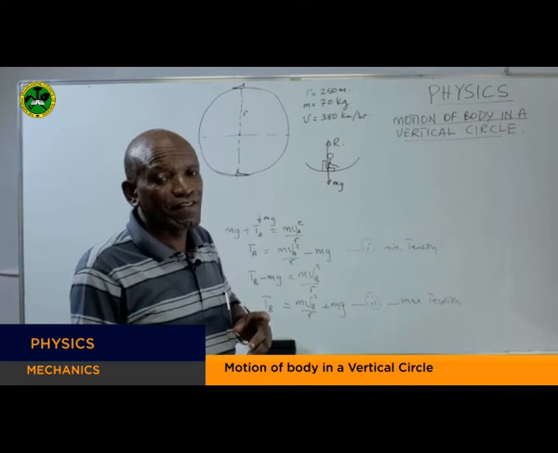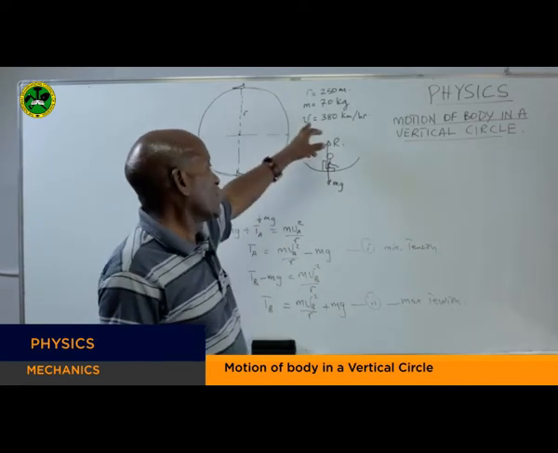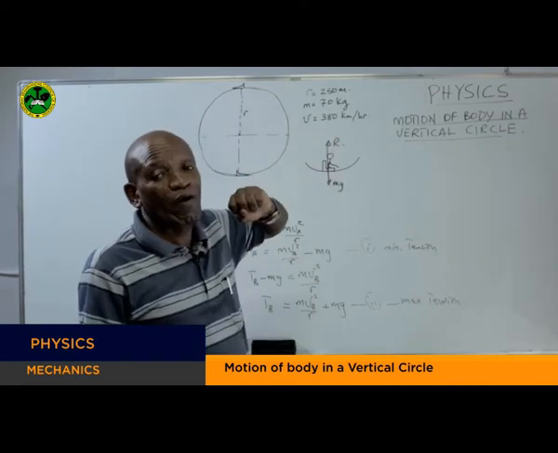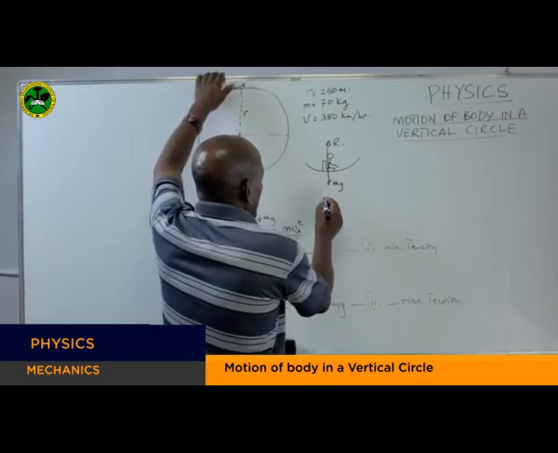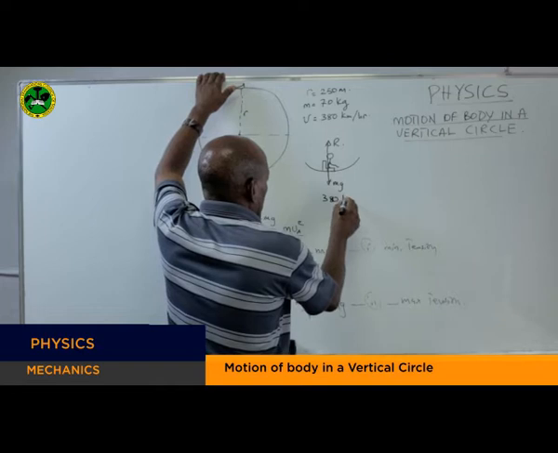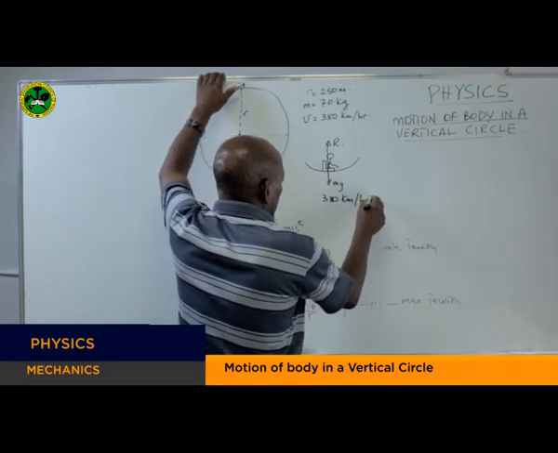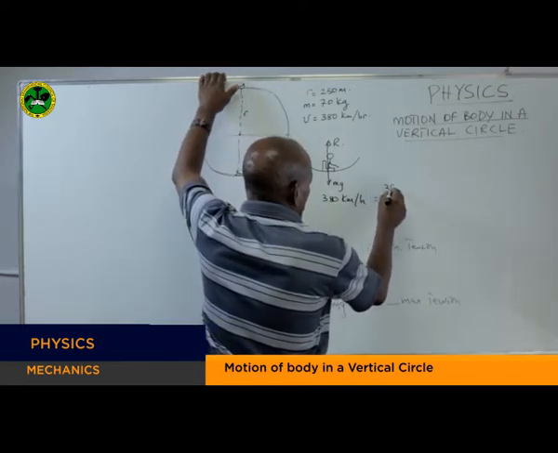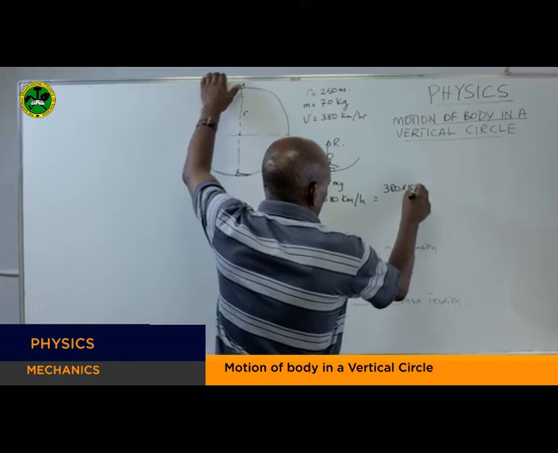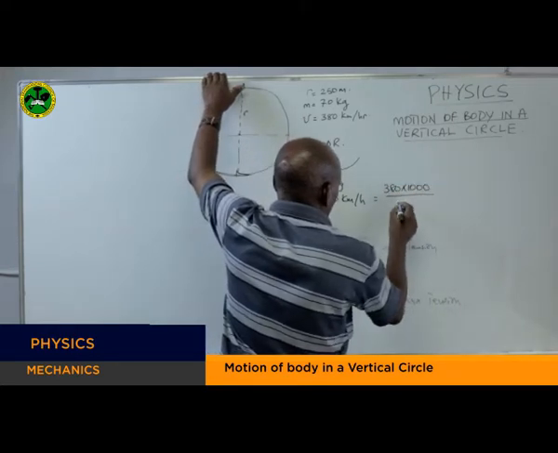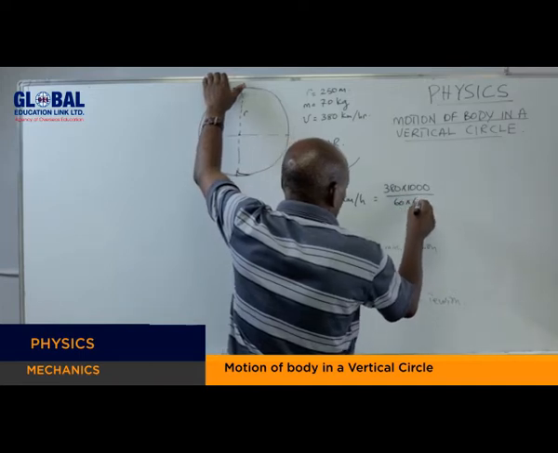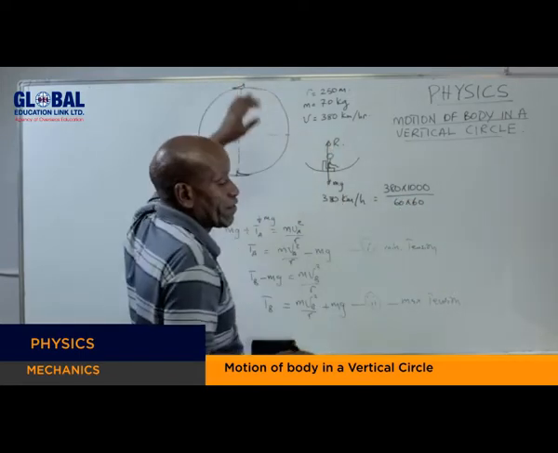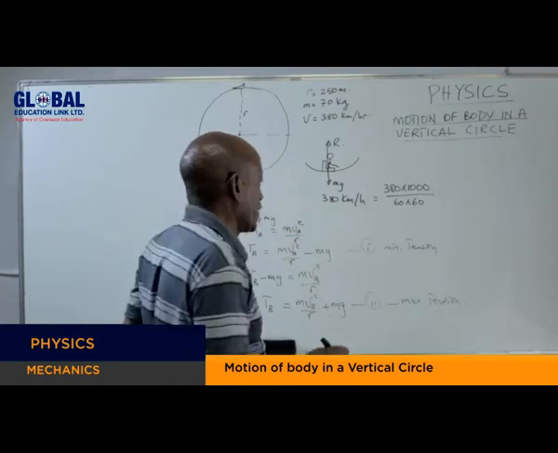So our first task is to convert this velocity, 380 kilometers per hour, into meters per second. The 380 kilometers per hour is just like 380 times 1,000, as we convert into meters, and we divide per second, then we divide by 60 times 60, because 1 hour has got 3,600 seconds.